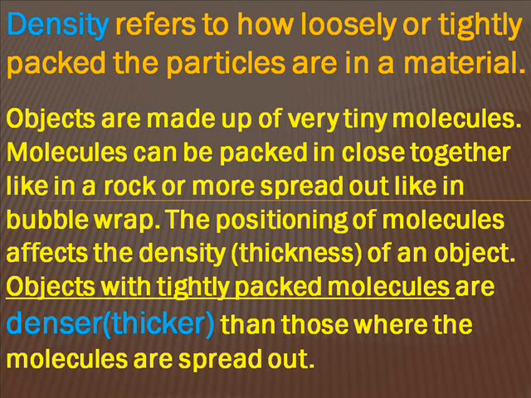Molecules can be packed close together, like in a rock, or more spread out, like in bubble wrap. The positioning of molecules affects the density, or thickness, of an object. Objects with tightly packed molecules are denser, thicker, than those where the molecules are spread out.